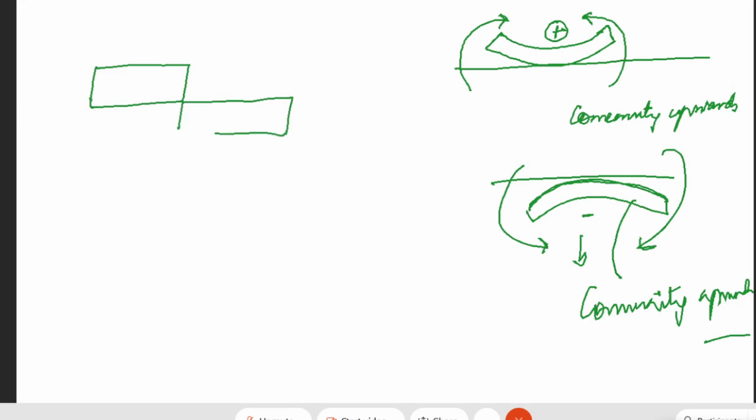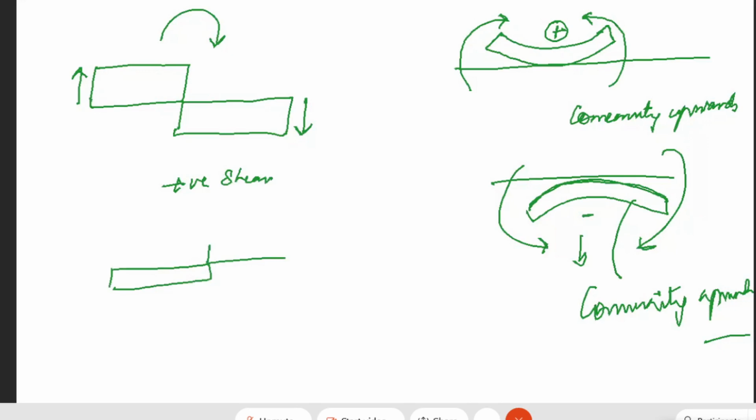For example, when the beam is getting sheared off such that it is moving downwards on the right hand and upwards on the left hand, that means the beam is going in the clockwise direction, then it is said to be a positive shear. And if the beam is moving in the opposite direction, then it is said to be negative shear force.